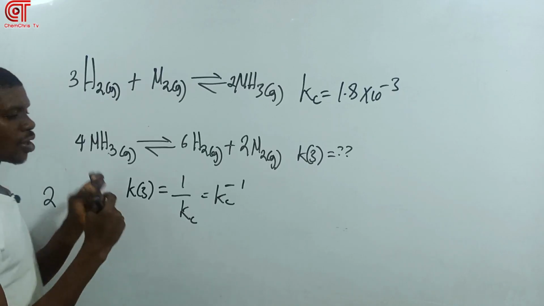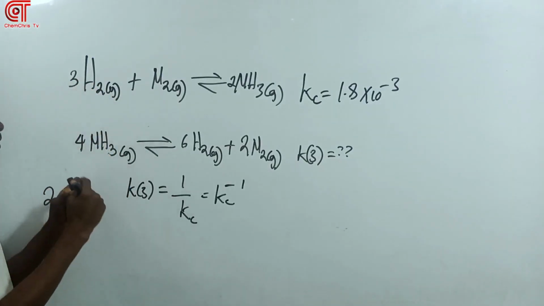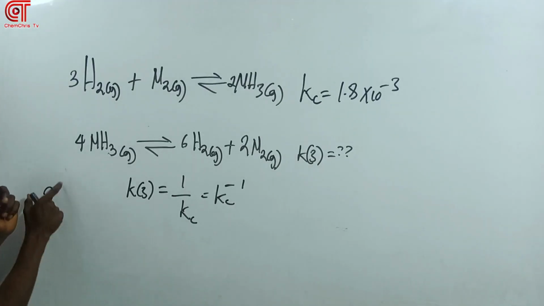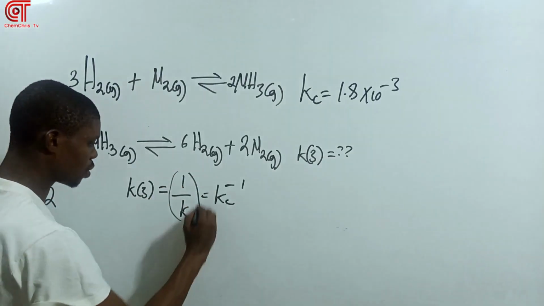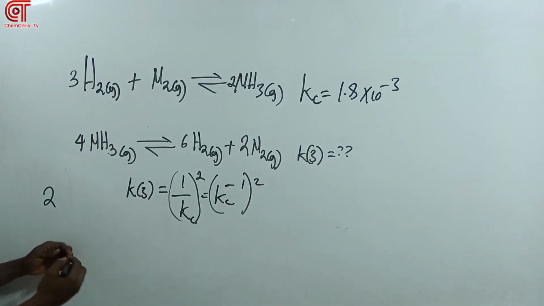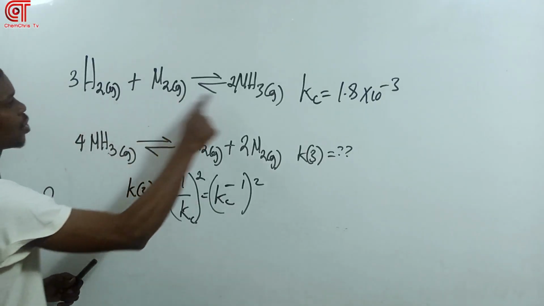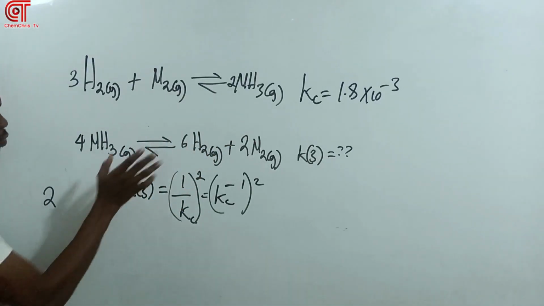So you want to know what made the moles different. Once you figure it out, then you raise to the power. So here you can say raise by 2, or you can do it like this: this first reaction is not only reversed against the other one here, but also multiplied by 2.